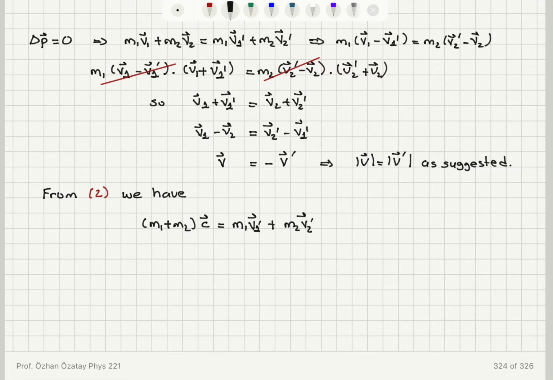So we can write v2 prime as (m1 plus m2) divided by m2 times the center of mass velocity c, minus m1 over m2 multiplied with v1 prime.